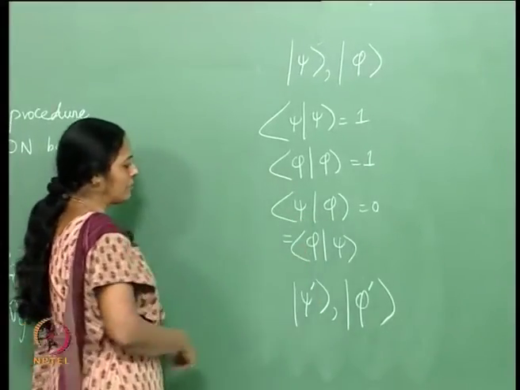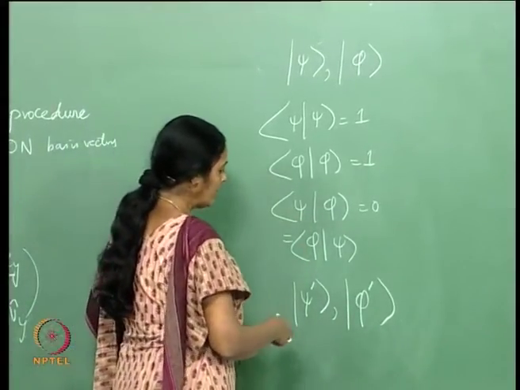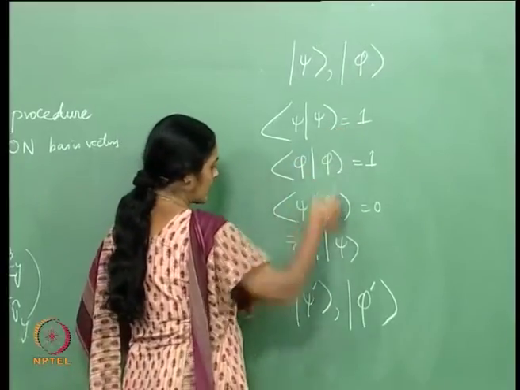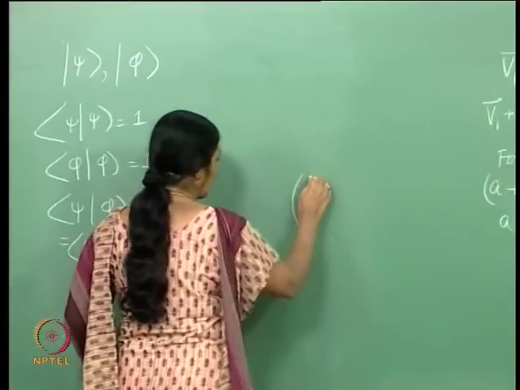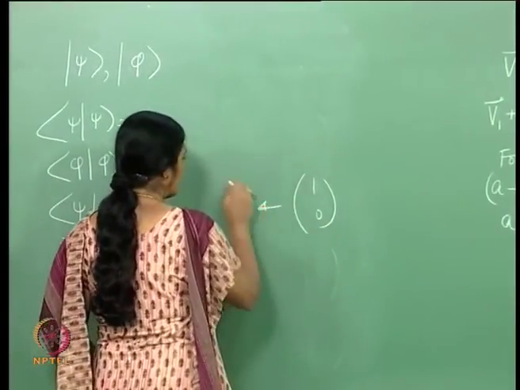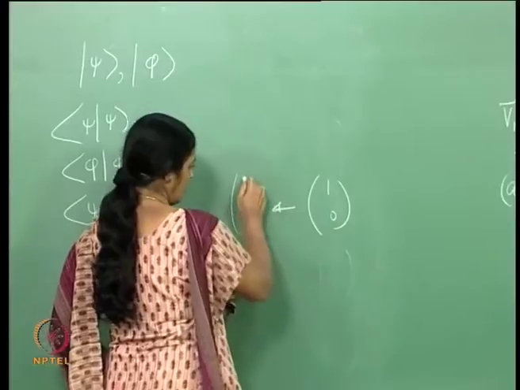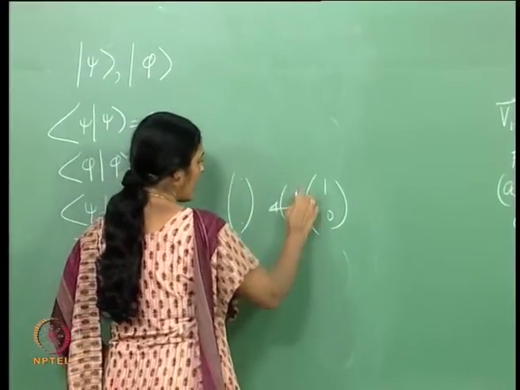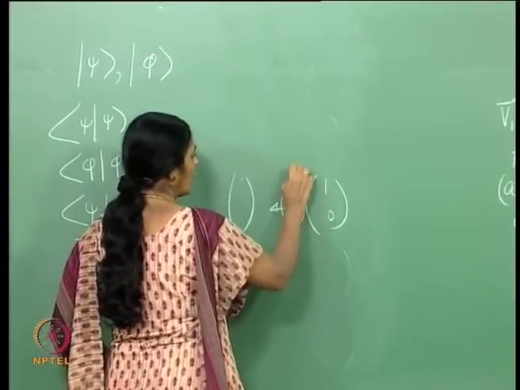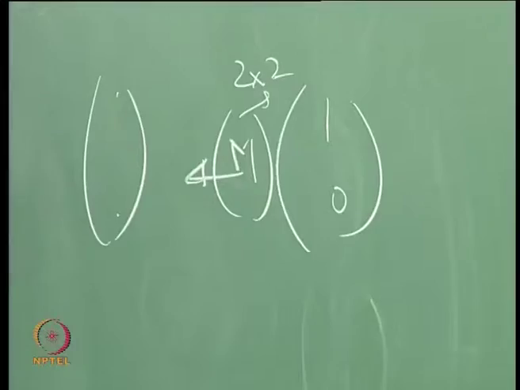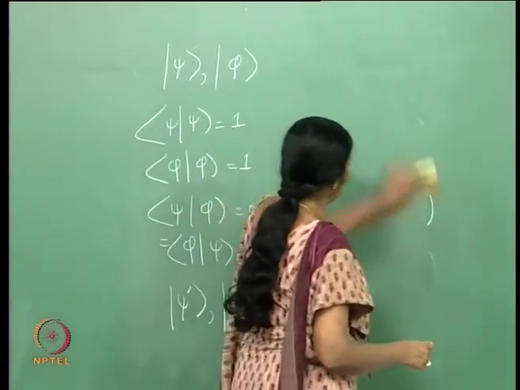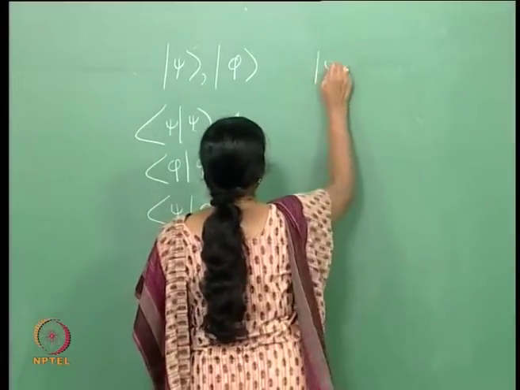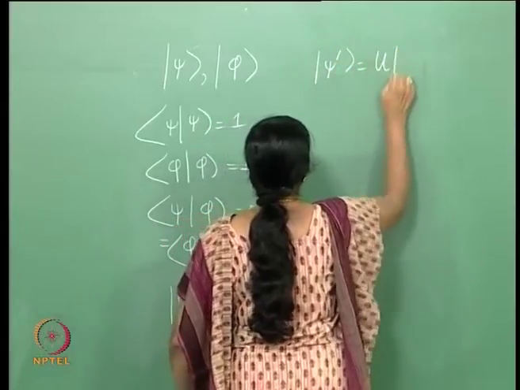In terms of column vectors, it is clear that I would have gone from psi to psi prime through a matrix, because if I had a column 1 0 and I need to go to another column, of course with the same number of entries, I would have done it with a 2 by 2 matrix. So, let me call that matrix U. So, in general I have psi prime is some U psi.